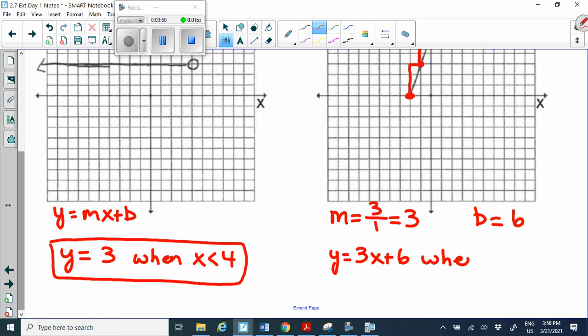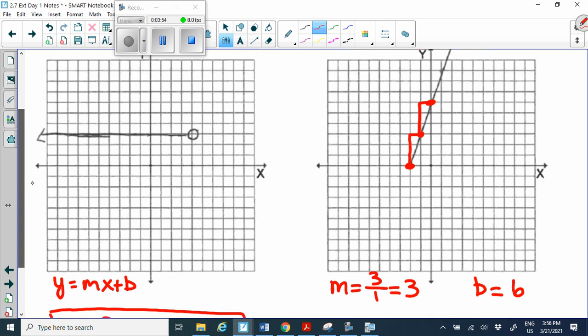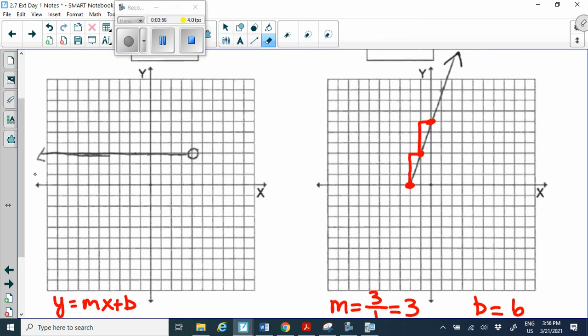Now we need to determine our restriction here. I'm going to go ahead and erase my red so I can do this. Now remember, when we do this, we need to go from the starting point for our restriction. Well, what looks like the very first point that we would have plotted? It looks like it's going to be this point here, okay?